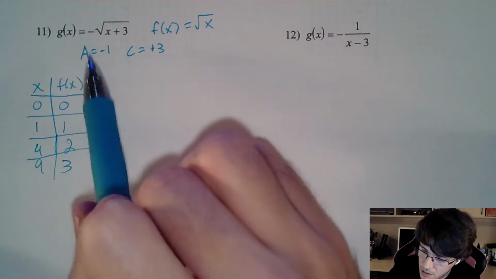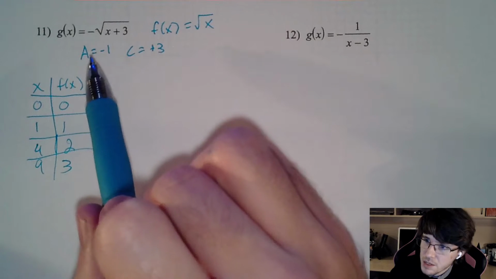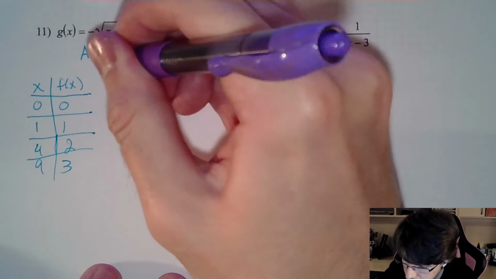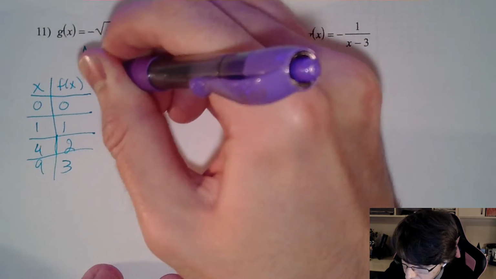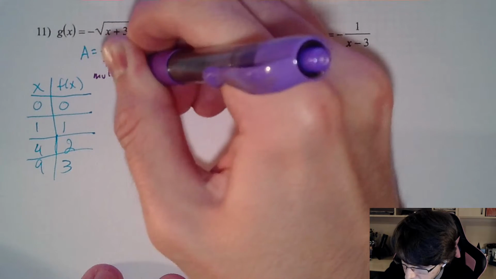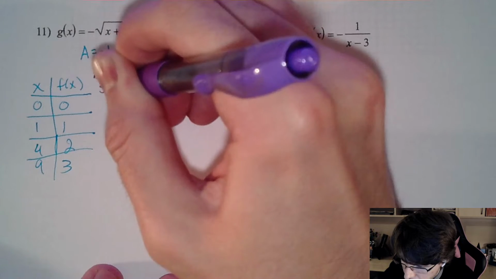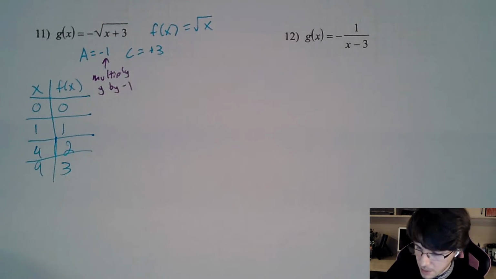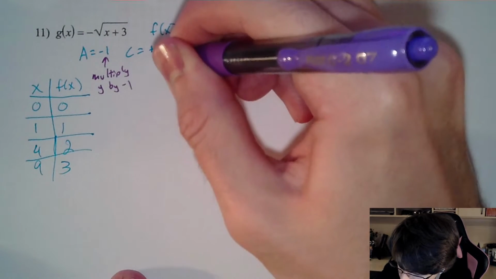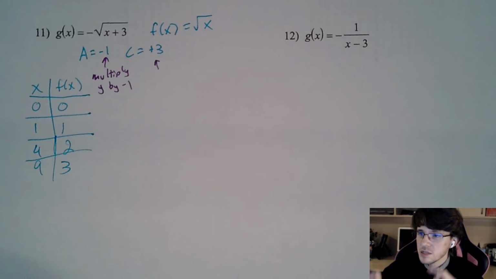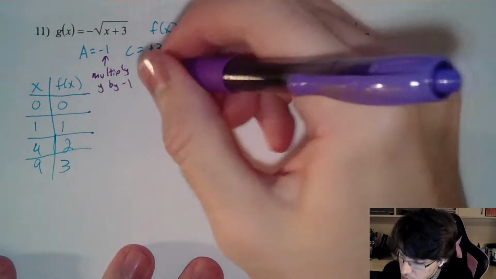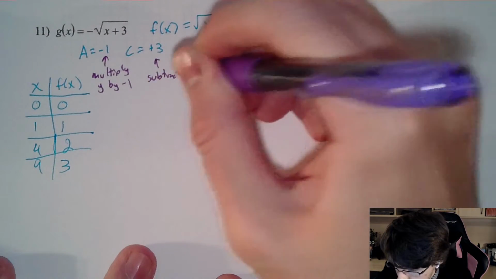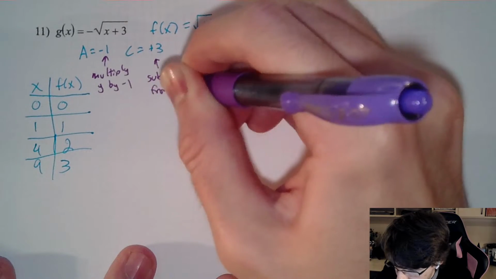So this letter A here is a multiply, and it multiplies the Y values. Specifically, it says multiply Y by -1. You're going to take all those values and multiply them by -1. And this one right here is addition or subtraction, but C does the opposite of what you think. So this is subtract 3 from x's.